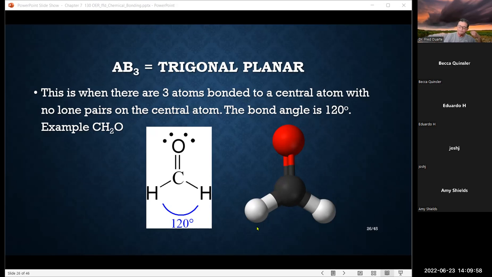This example is the formula for formaldehyde. You may be familiar with that. Formaldehyde was utilized in science when you're cutting up a pig or whatever, and it's been stored in formaldehyde. You try not to use it as much anymore because it does cause cancer.